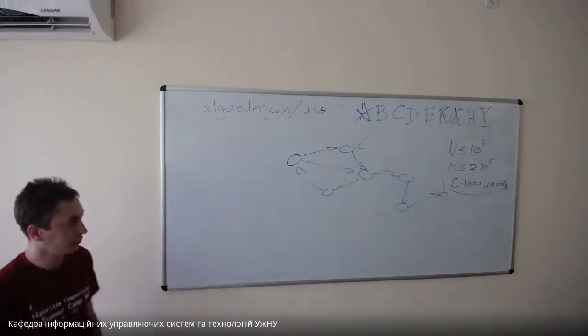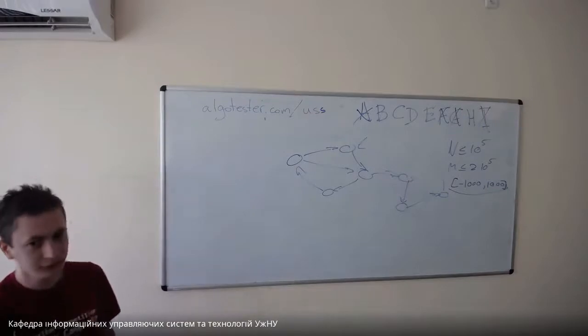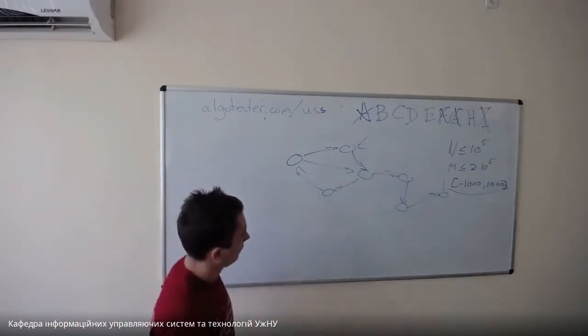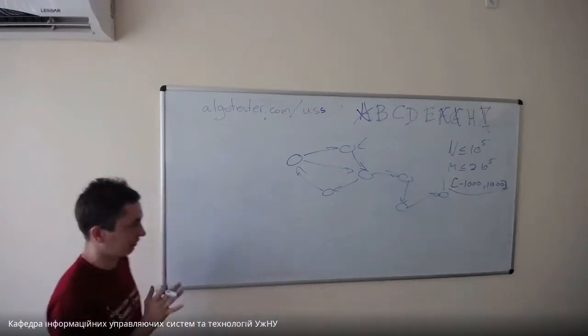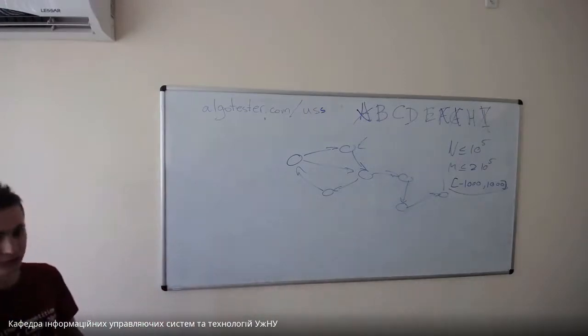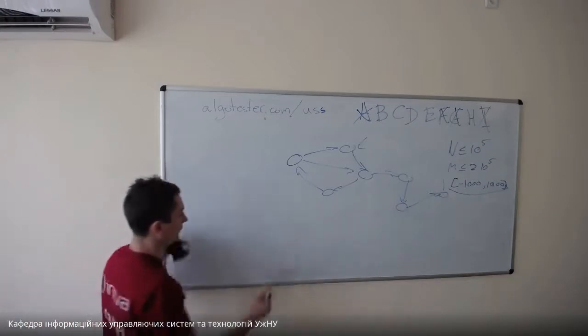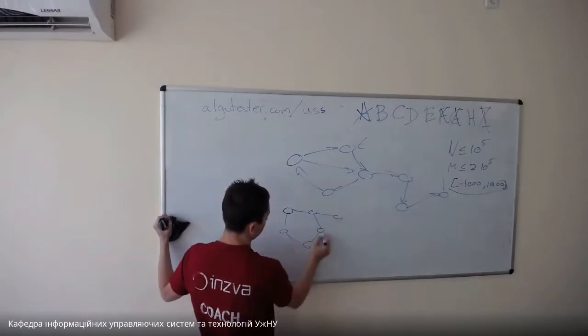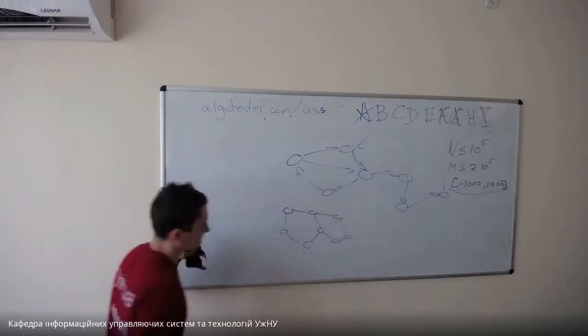And the solution for this problem is the following. First, let's forget about the orientation of the edges and imagine this graph as a graph with edges that go both ways. So just a simple graph. Something like this.